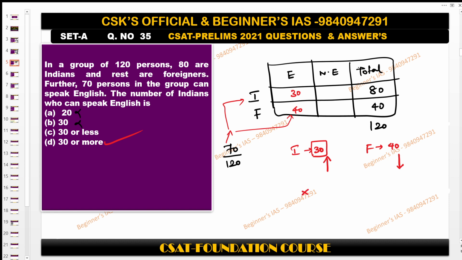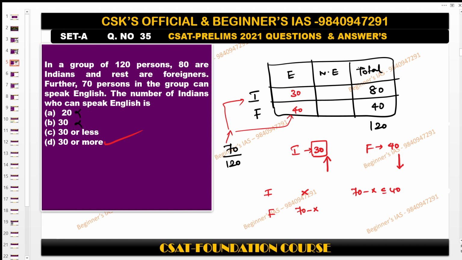Suppose you take Indians as X, then foreigners should be 70 minus X, since Indians is X, unknown. So this is Indian, this is foreigners. Obviously 70 minus X is less than or equal to 40, since the total foreigners is 40 here.